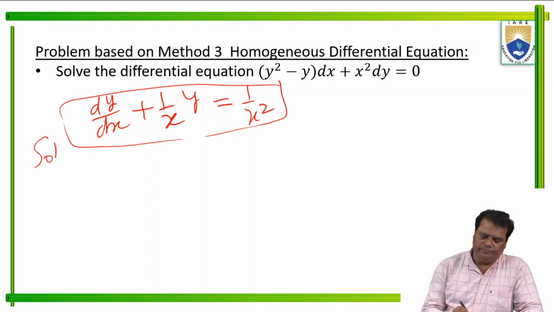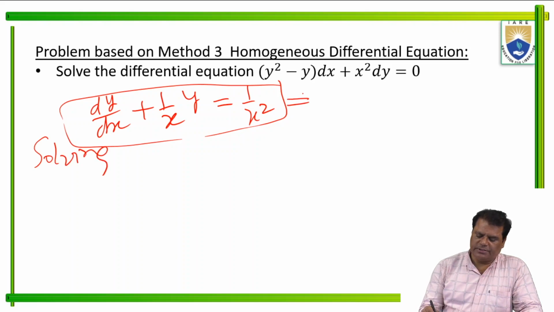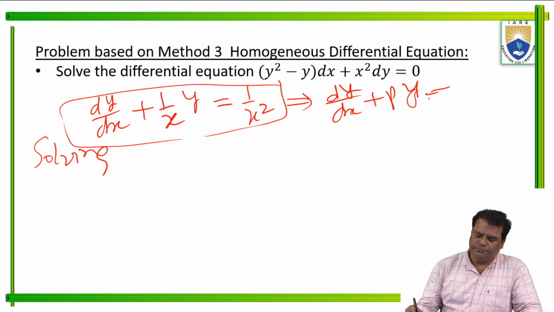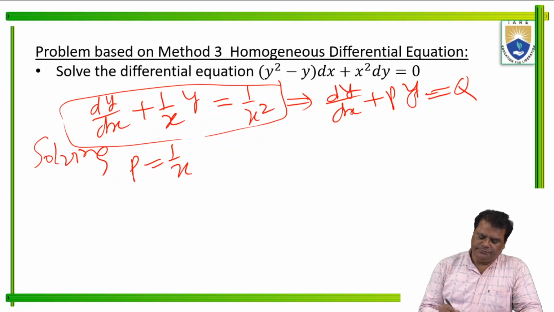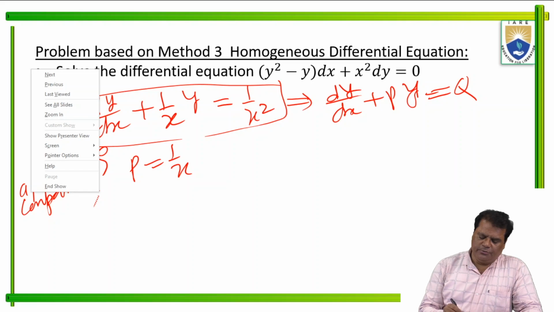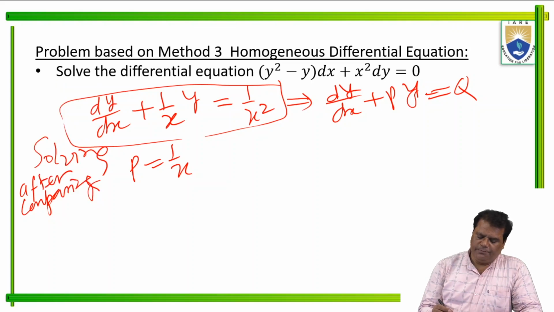Now, solving this differential equation, comparing with dy/dx plus Py is equal to Q, after comparing, P equals 1 upon x and Q equals 1 upon x square.